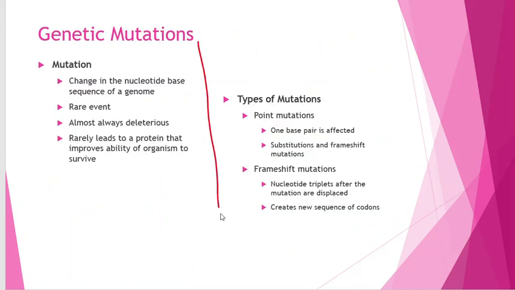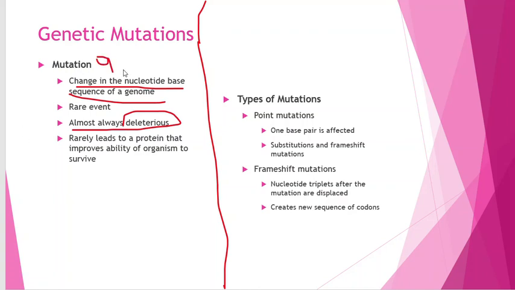Okay, mutation. Mutations are when something goes wrong with the DNA. We change the sequence of nucleotides. It doesn't happen all the time, but it almost always does not turn you into the Hulk. It basically kills you. Mutations are like 99.99% lethal.